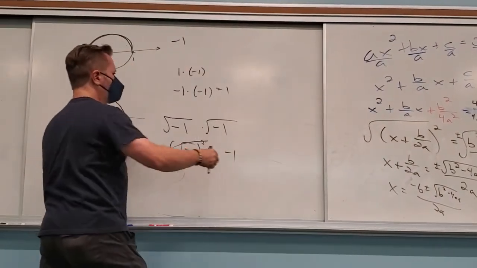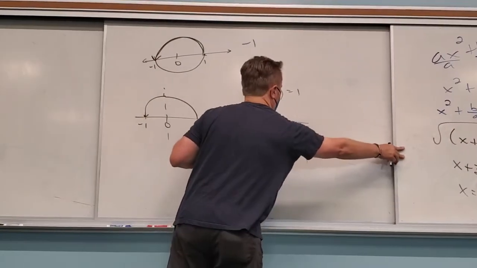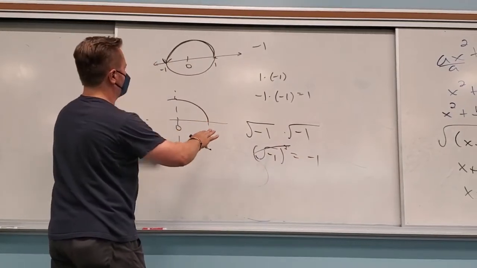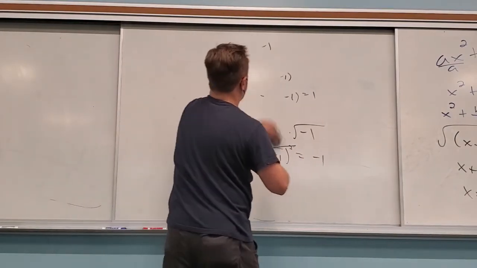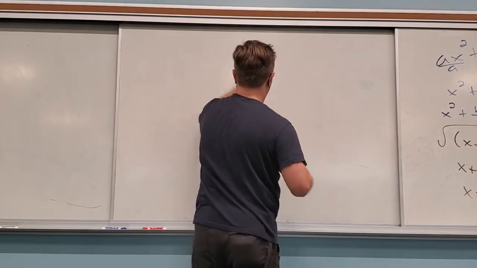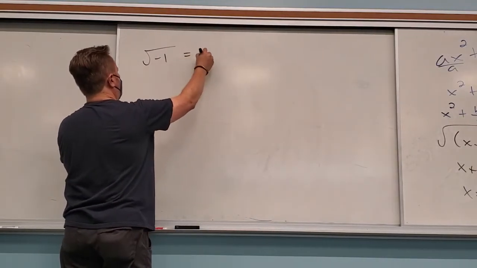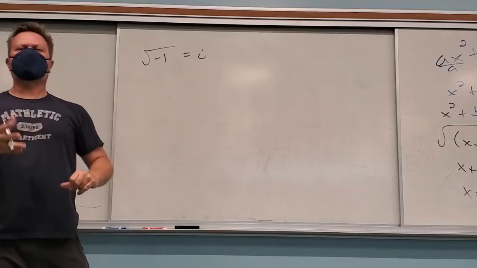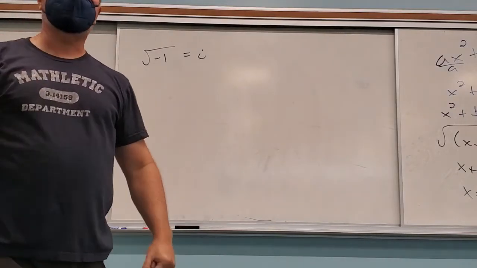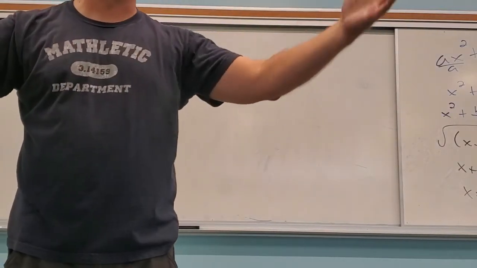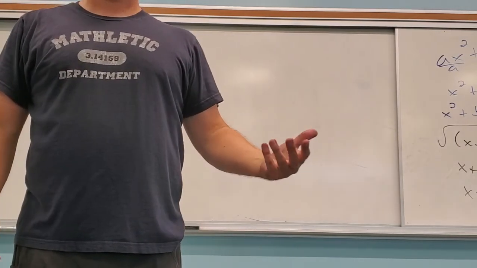So what we do, just to make it easier to write this stuff down, we call the square root of -1, we decided to call it i. Sort of like we call 3.14159 and so on, we call it pi. Same kind of idea.